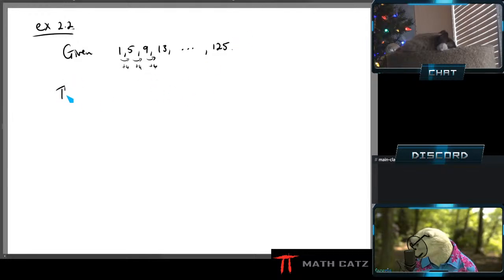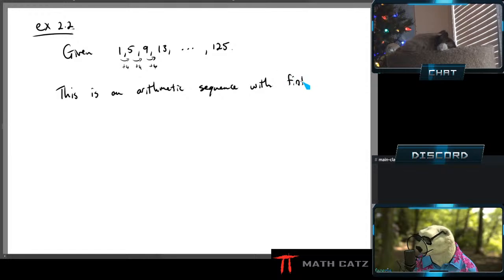You have to, however, defend why you can use that explicit formula, because this is an arithmetic sequence with first term 1, and the difference is a 4. You can emphasize the difference has to be constant or it's not arithmetic.